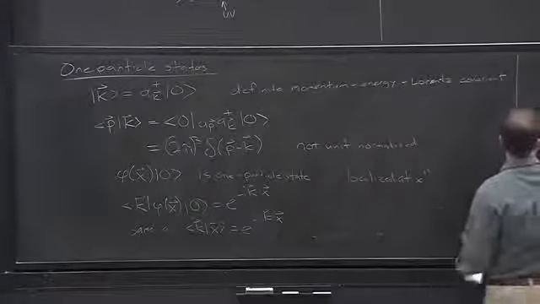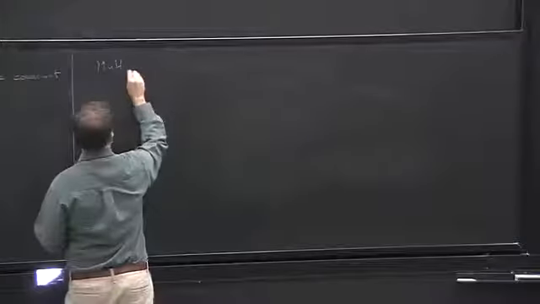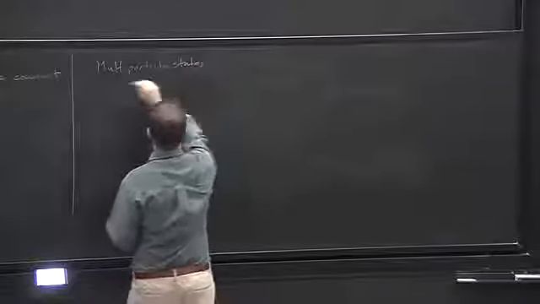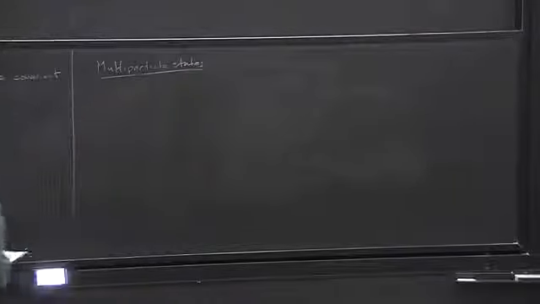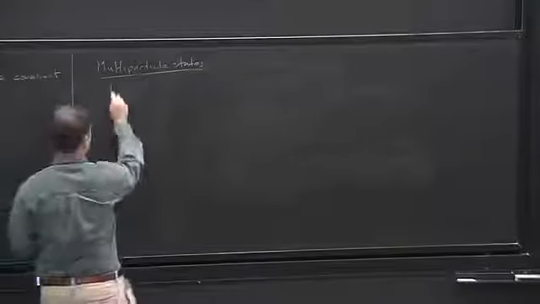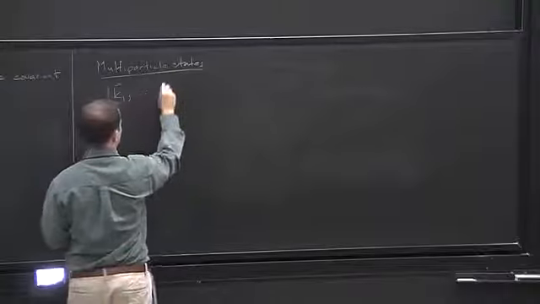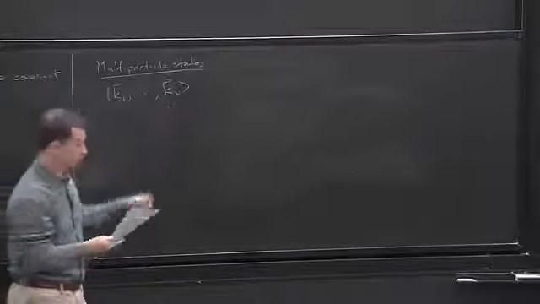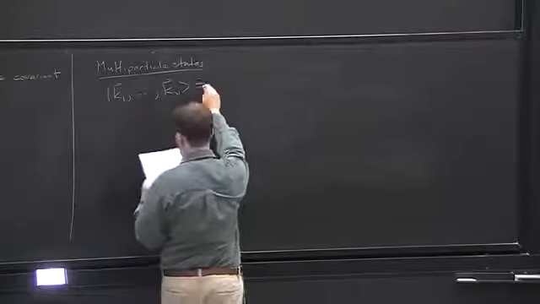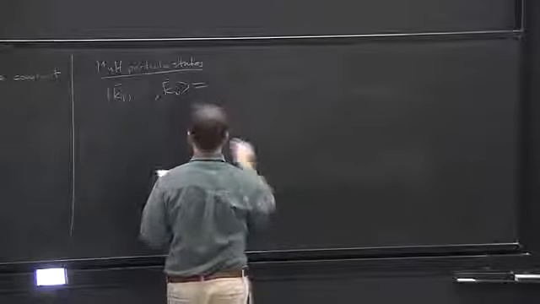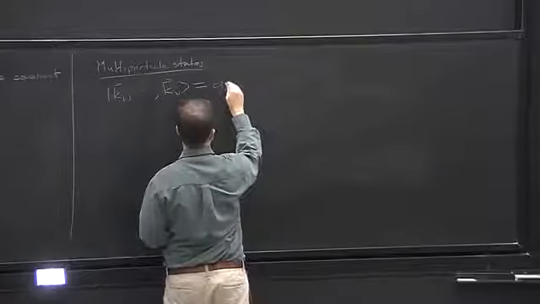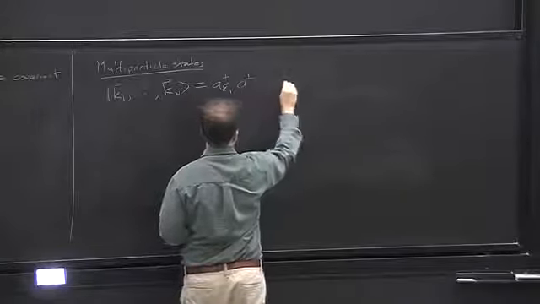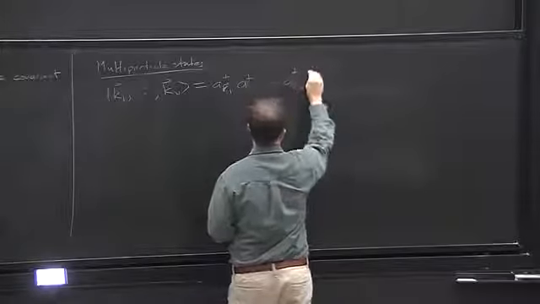And we can get multi-particle states just by acting repeatedly with our creation operators. So the state with n particles with momenta k1 through kn is just a state where we apply the creation operators a†_k1 up through a†_kn on the vacuum.